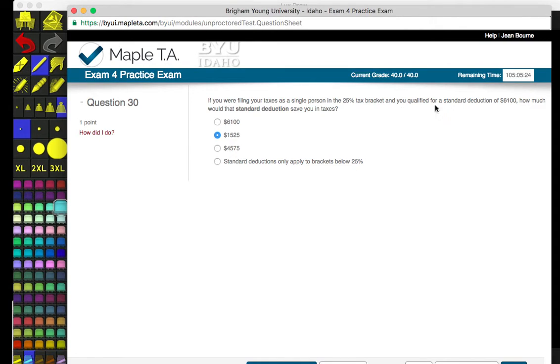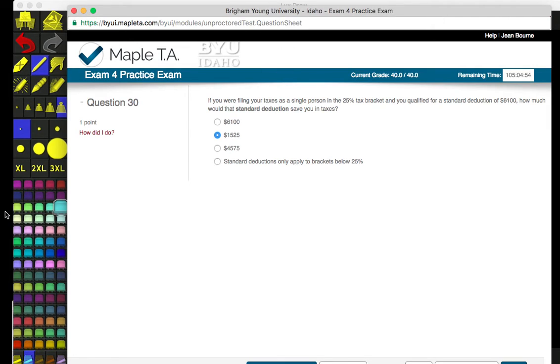So in this case, all you're going to do is take that $6,100 and multiply it by 0.25, by 25%, because this is a deduction that comes before taxes. It's getting subtracted from your income, so that's what it saves you. It's going to save you $1,500.